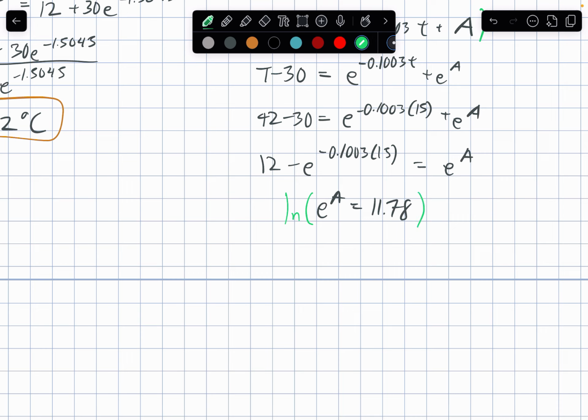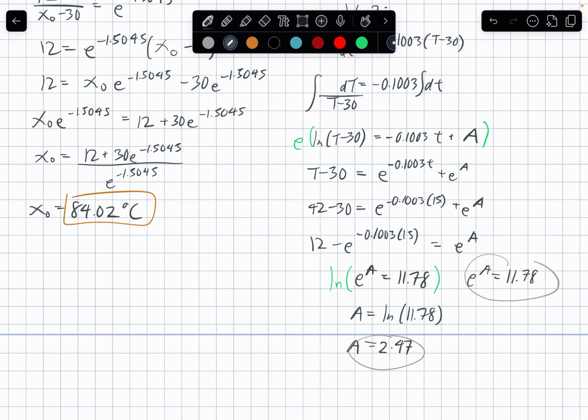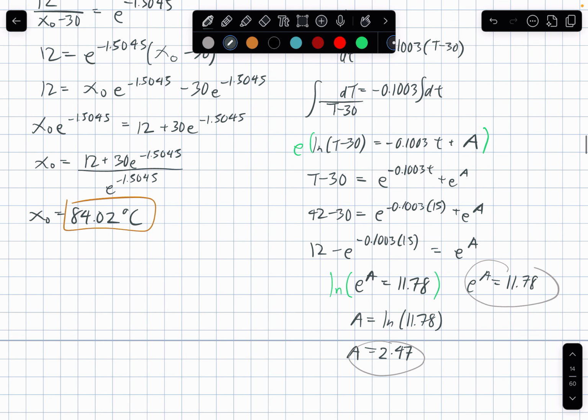So if you want to apply ln on both sides, a is equal to ln 11.78. What is that? 2.47. So what now?